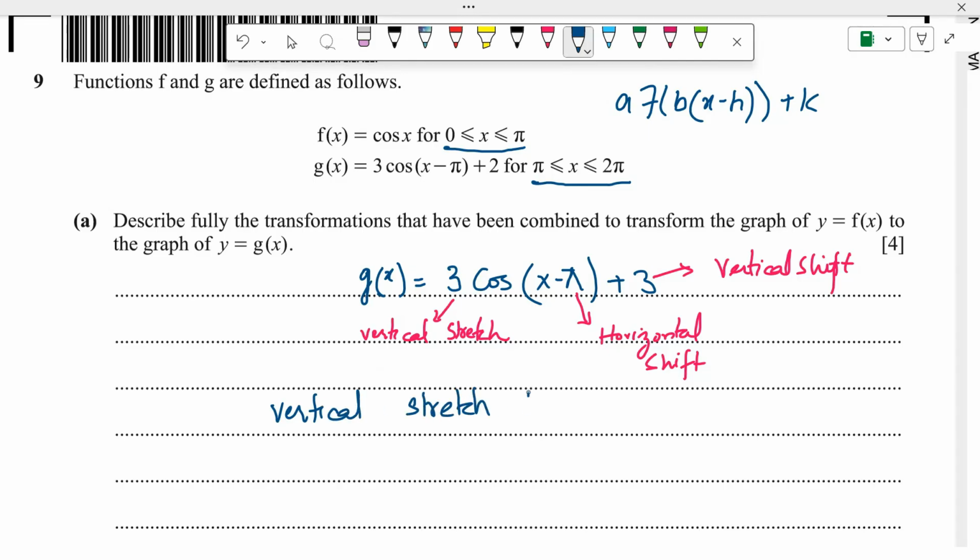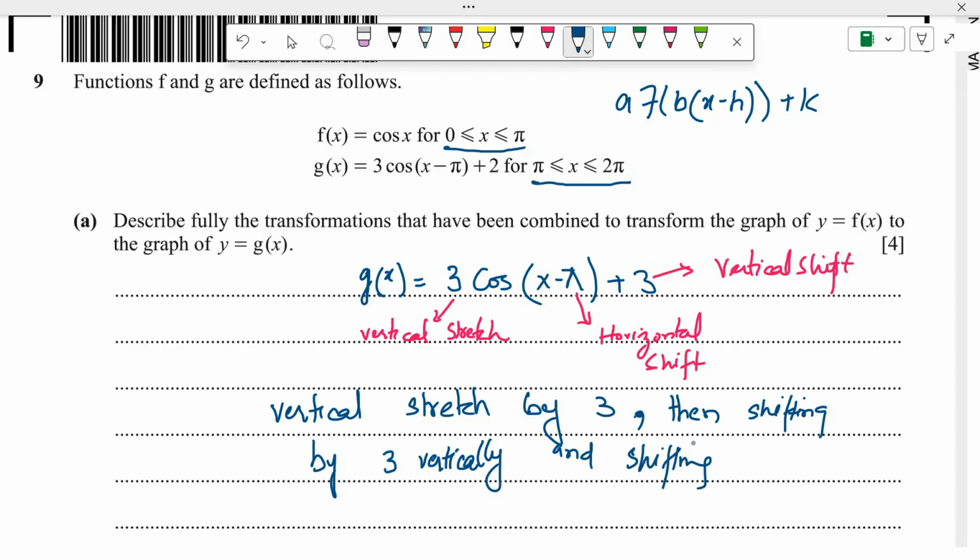Then we have the two components, horizontal shifting and vertical shifting, so we can write both at a time. Vertical shifting is by 3 vertically and shifting by pi horizontally.